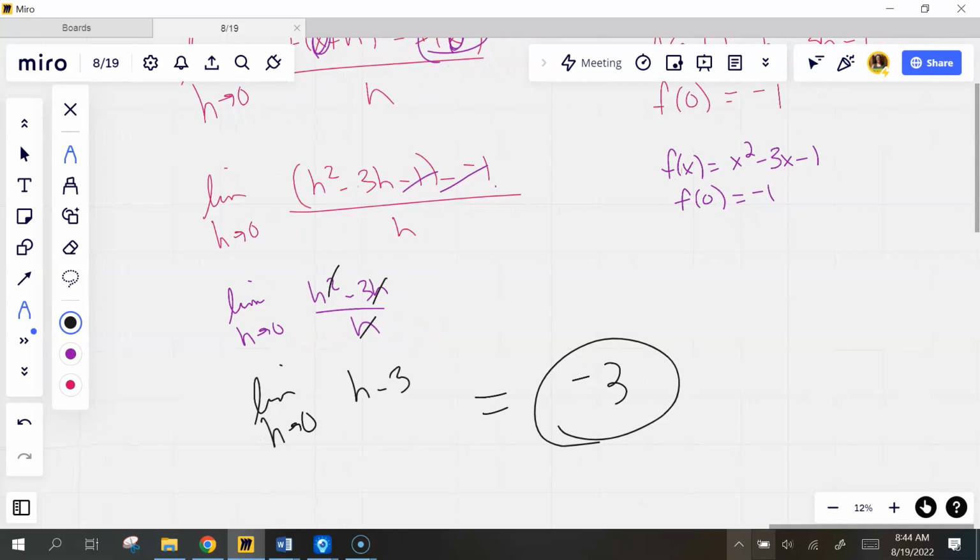-3 is what? Slope of the tan line when x equals what? 0. Well, I'm just writing that for your... Give me the point of tangency. 0, point of.